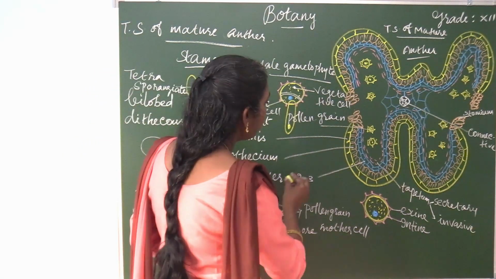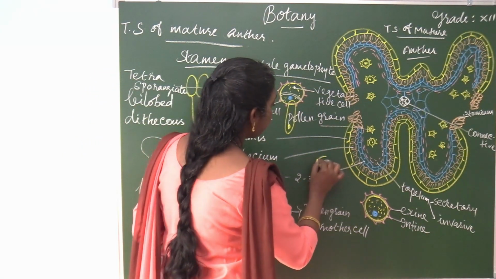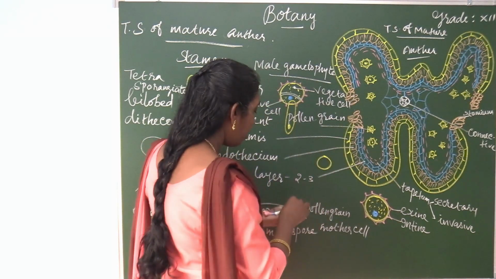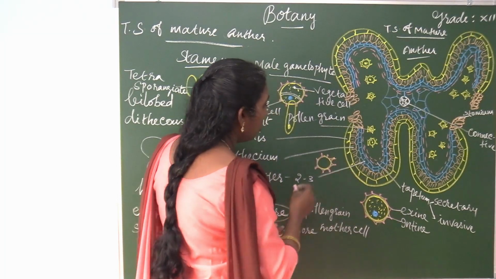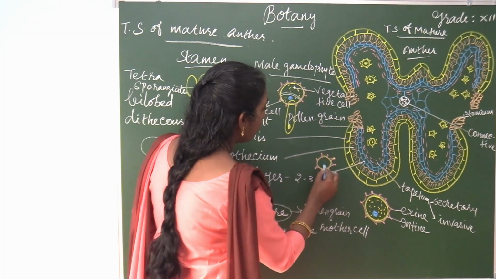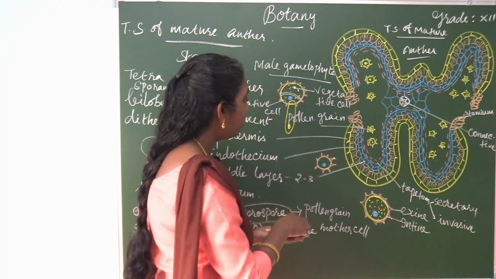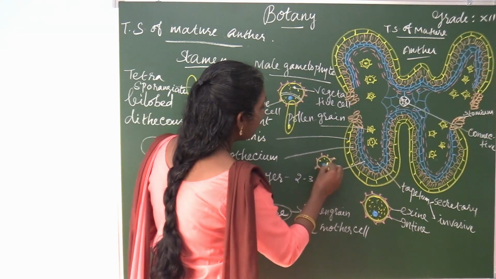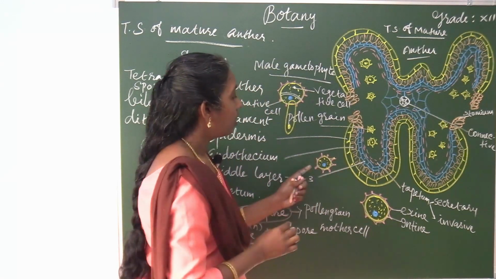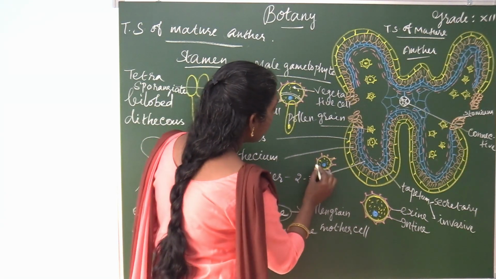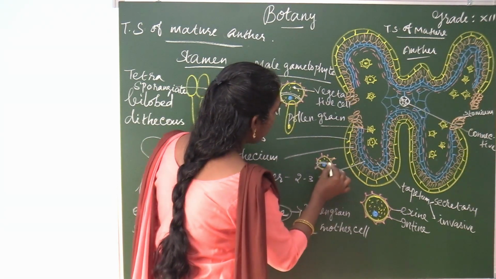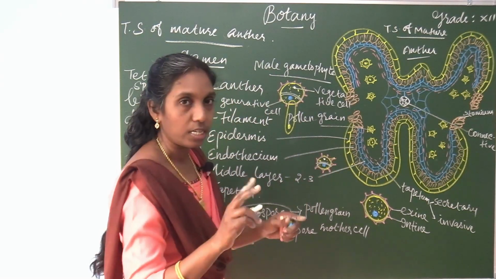Let's see the diagram. Here there is the intine, and this is the exine. Here is the nucleus with dense cytoplasm, the vegetative cell and the generative cell, which make up the two-celled stage.